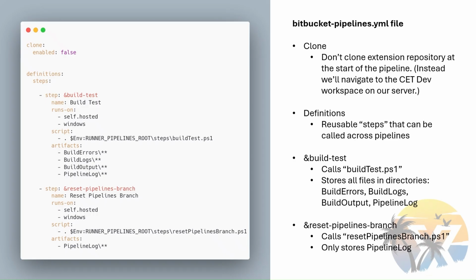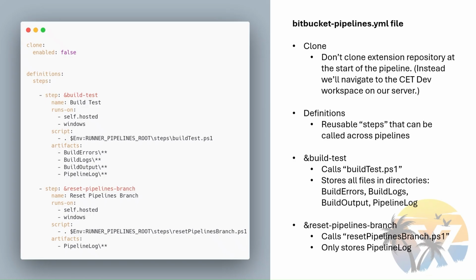So, like I said, we have a step called build test. You'll see since it's a reusable step, we have an ampersand at the beginning, the and sign before where it says build test. And under name, we have just the name of the step, which is build test. Runs on, I'm not even going to talk about that anymore. Those are just the labels that we want the step to run on.